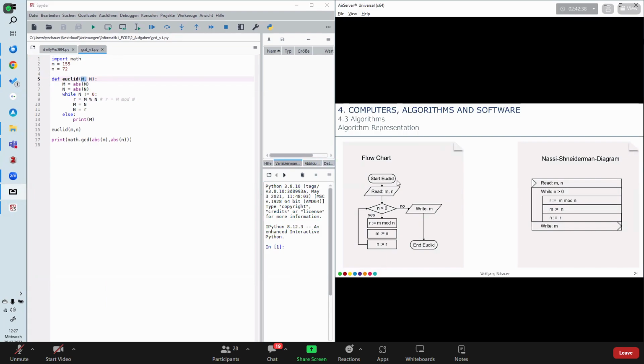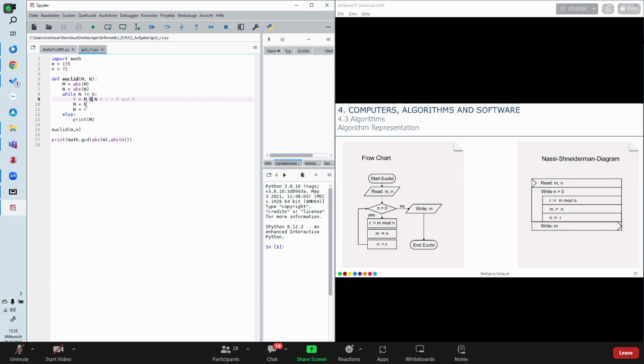So m and n. And now I'm first of all calculating the absolute values in case they would be negative, while n is not 0. So n larger than 0 means it is not 0. My remainder is m mod n. So this percent sign is the mod function in Python.